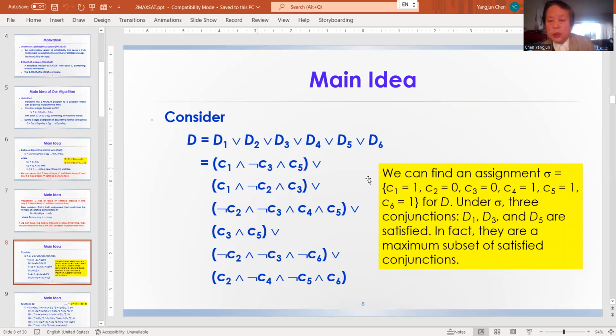If we let C1 equal to 1, C2 equal to 0, C3 equal to 0, C4 equal to 1, C5 equal to 1, and C6 equal to 1, then we can find a set of disjunctions, D1, D3, D5. Each of them is satisfied. In fact, they are a maximum subset of satisfied conjunctions.